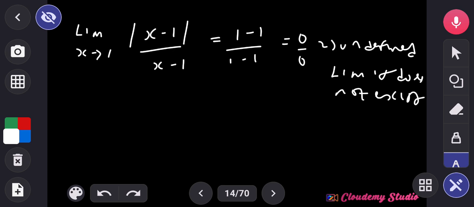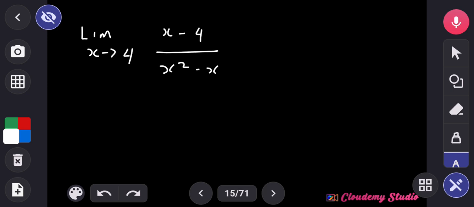You understand? Now, let us take for an example. We have something like limit of x tends to 4 of x minus 4 divided by x squared minus x minus 12. You understand? The same way we used to do it, anywhere you see x, just put 4.